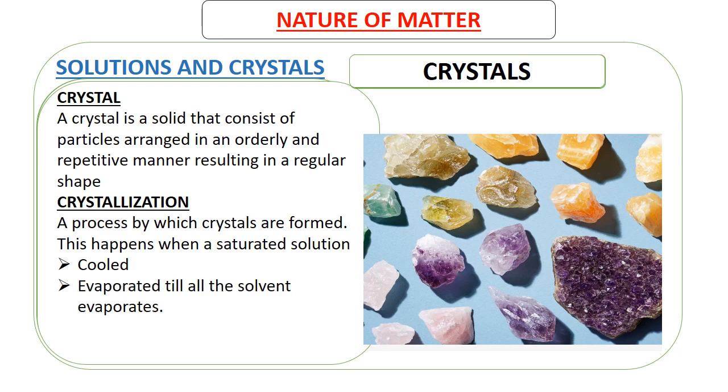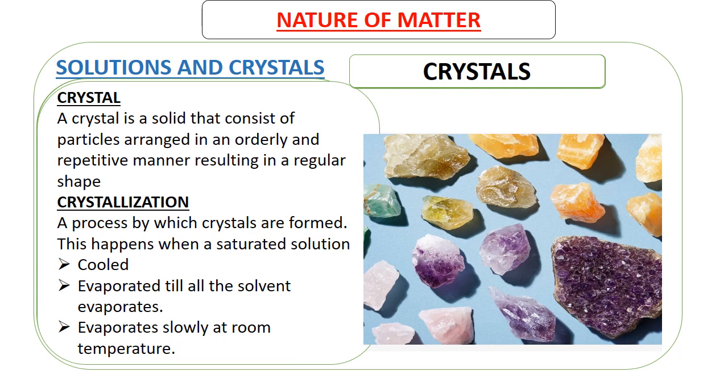The other way is to evaporate till all the solvent evaporates. So you put it on something like a stove or anything that can heat your solution. Then make sure that all the water, all the solvent, evaporates. What will remain are the salt crystals.